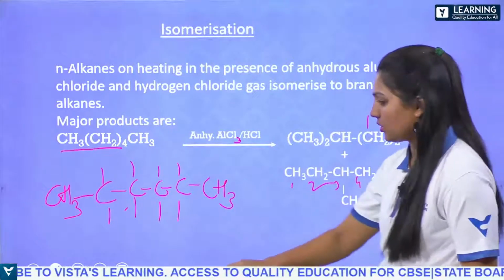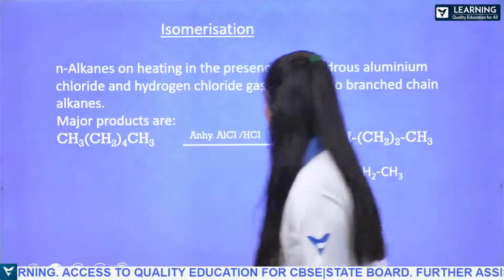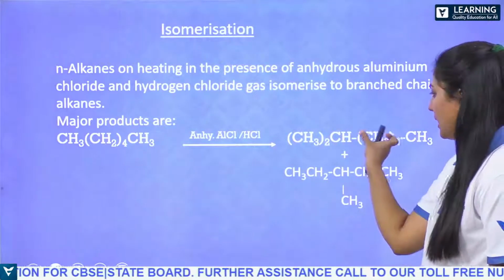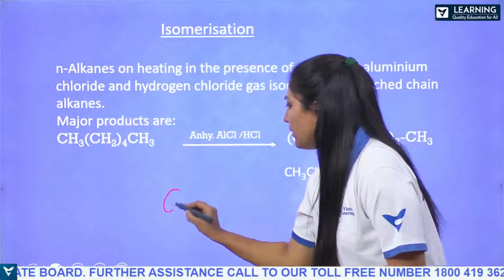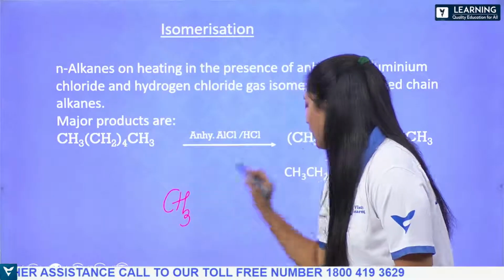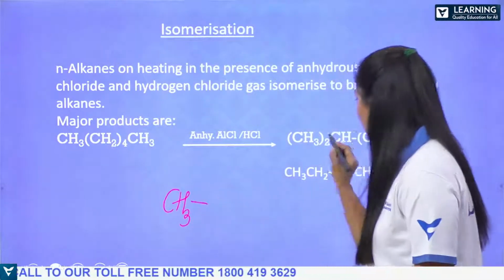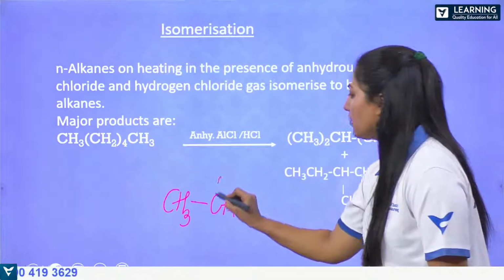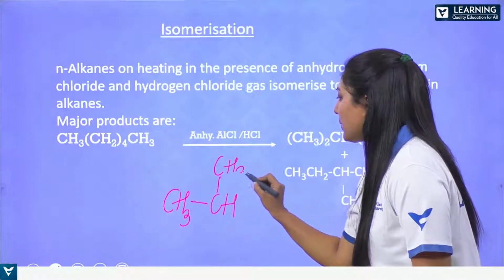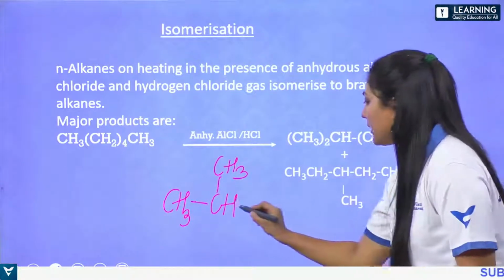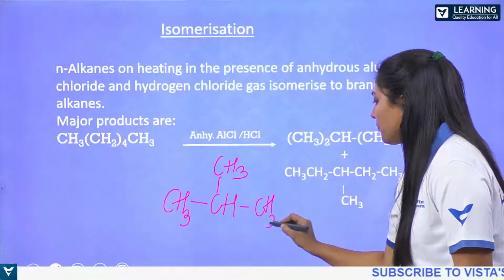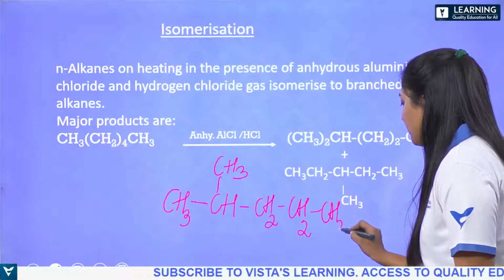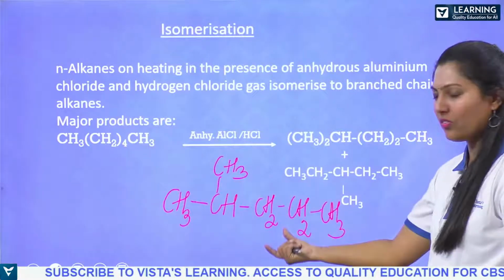I'll write the structure here, and you can easily understand it. You have CH3 attached to the CH, with two CH3 groups where one more CH3 is branched like this, and this will have CH2, CH2 and one more CH3. So you have the difference between this and this.